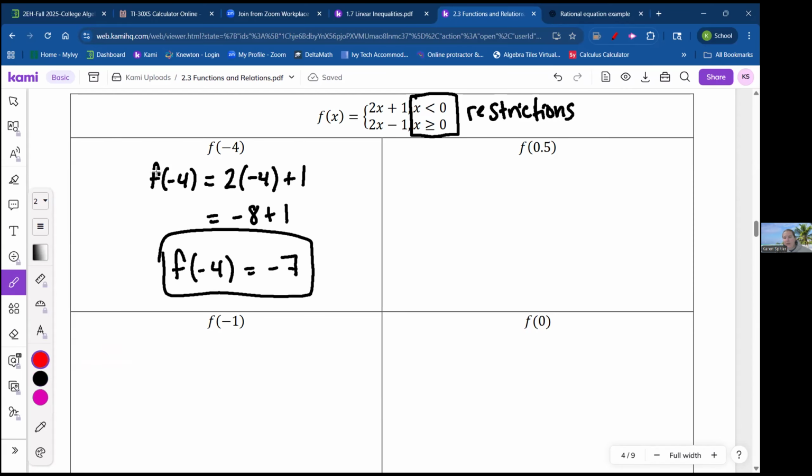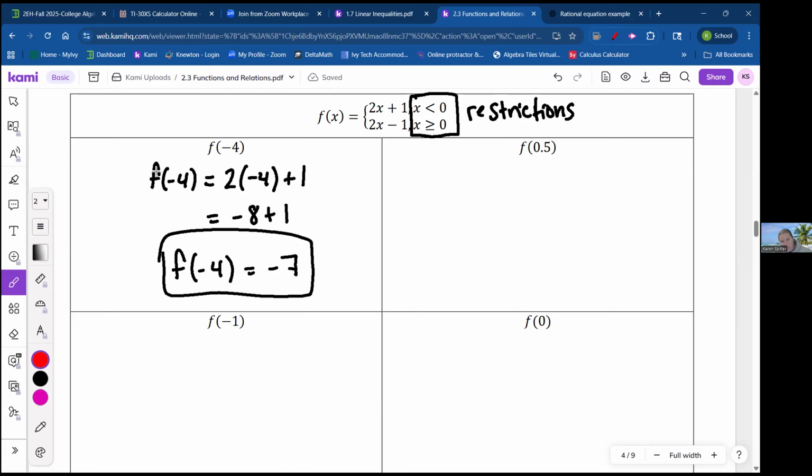What about when x is 0? Like down here in the bottom right, when x is 0. Is that less than 0, greater than or equal to 0? Greater than or equal to. And the reason it's greater than is because we do the equals, right? So it's greater than or equal to 0. So that's that bottom one.